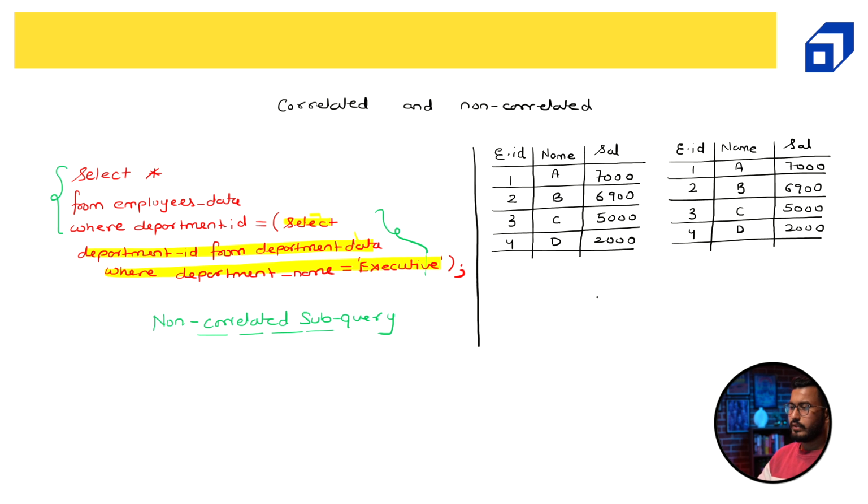Now let's write down the query to understand what exactly a correlated subquery is. The correlated subquery looks something like this.